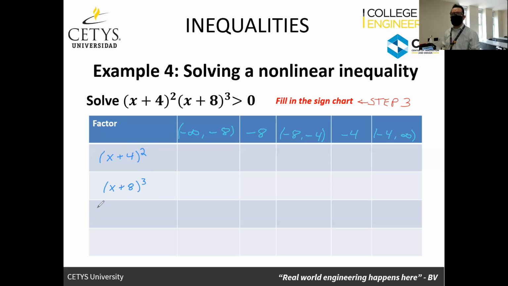And here we're going to have the combination of the two factors, which is the end result that we're going to be evaluating. Okay, that's step number 3. We're still in step number 3.